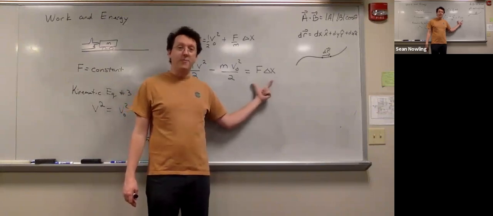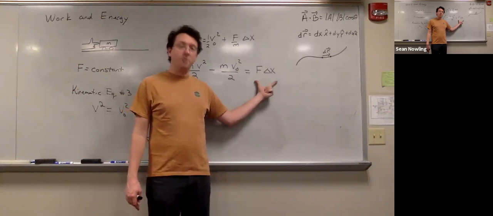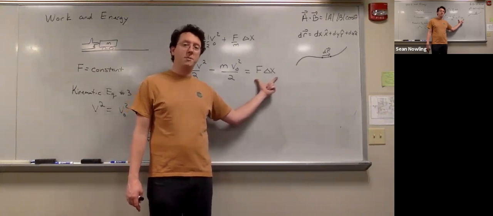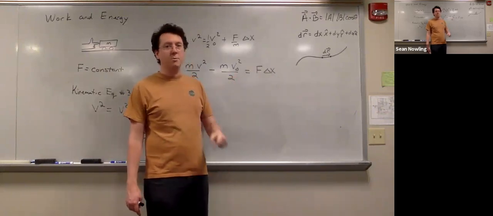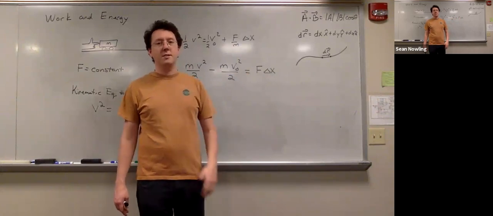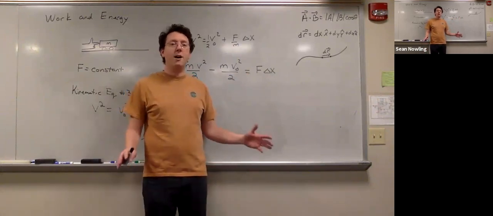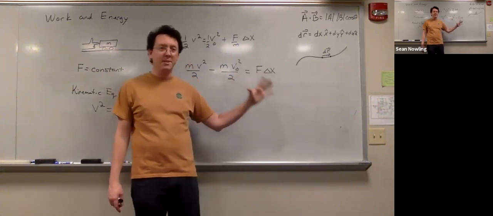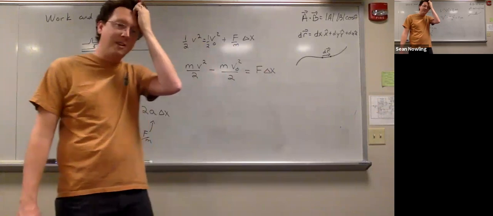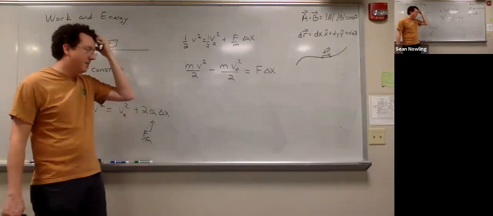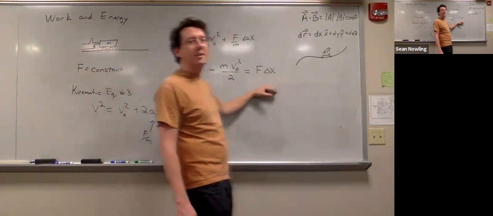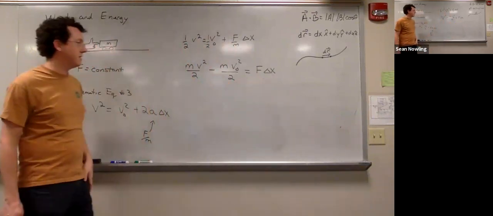Sadly, even after talking about it over and over, a lot of times, even when I talk to second year students who have done this in multiple different classes, I say, what is work? They will still say force times distance. I don't know why it's so hard to remember that this is high school level, but please, when you get there and I ask you next year, what is work? It's okay to say it's force times distance if the force is constant. When the force is variable, we have to be more sophisticated.